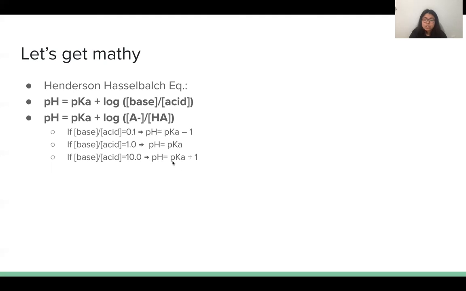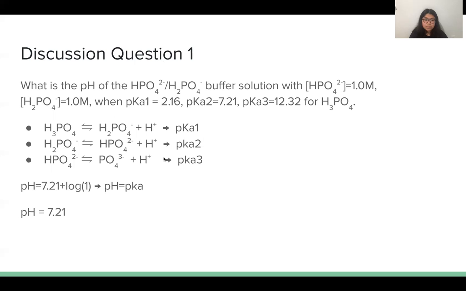Then your pH is going to be less than your pKa. And if you have more base than acid, then your pH is going to be higher than your pKa. All that this is saying is, when you have more acid, you're going to have a lower pH. If you have more base, you're going to have a higher pH.